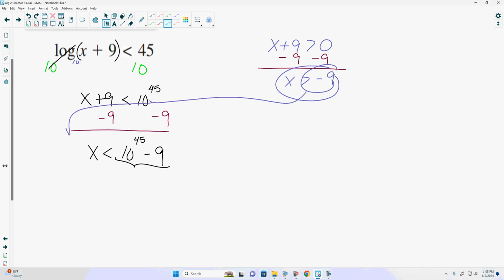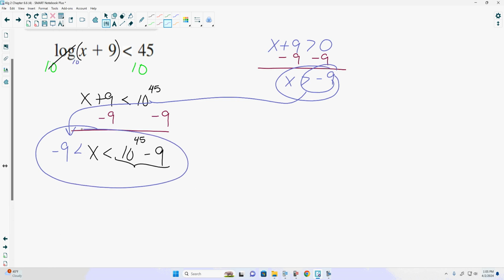I'm going to draw right over the top of it, and put negative 9 is less than x is less than 10 to the 45th minus 9. But that's it.